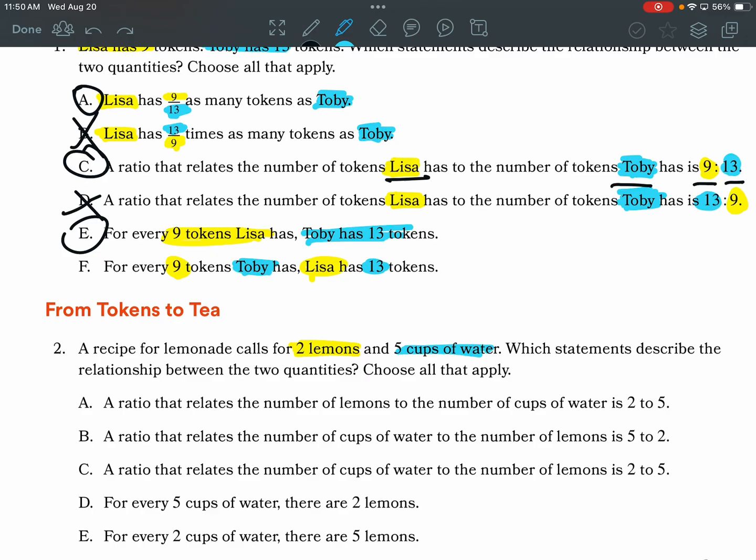All right, so a ratio that relates the number of, keyword, lemon. Lemon is 2, so I'm looking for that 2. So they're lemon to water 5.